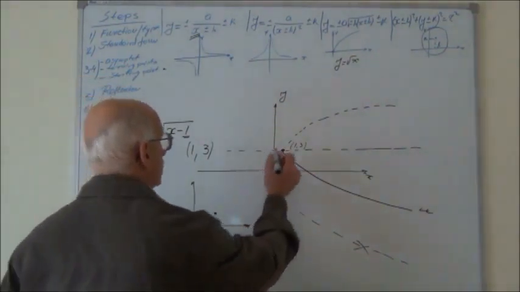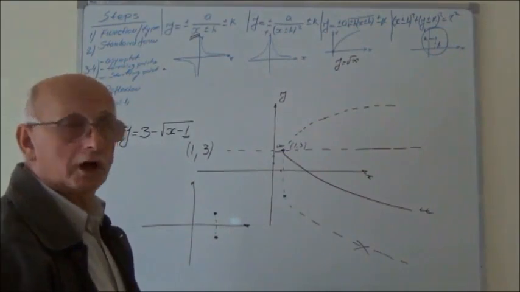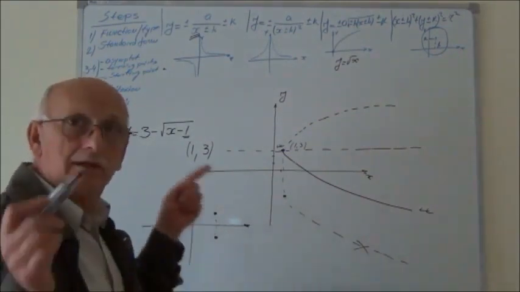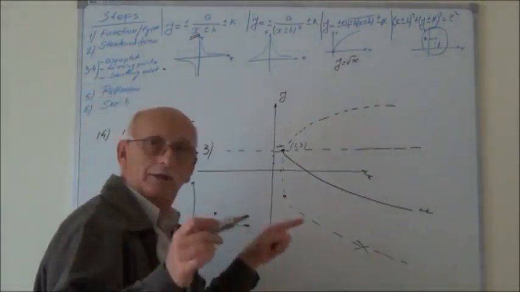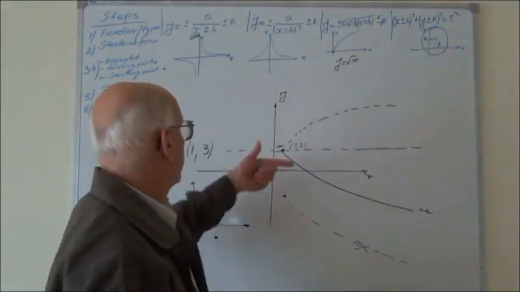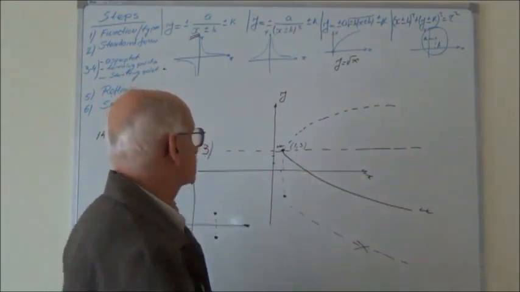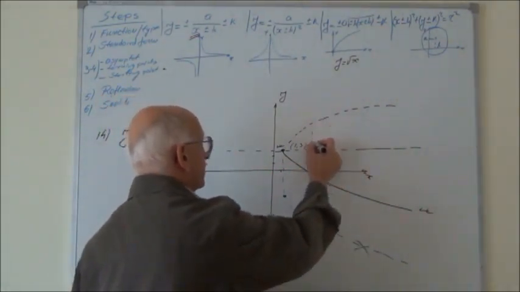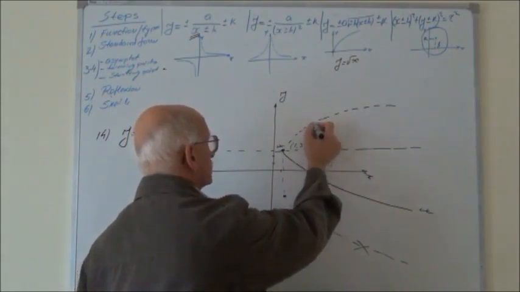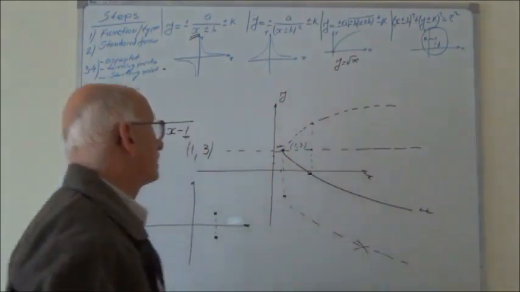So remember, this point here we are not reflecting, and all other points of that curve we are reflecting, not really around the x-axis, but about that line. So this point and its reflection will be somewhere here.